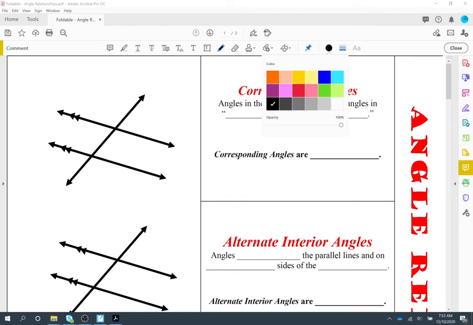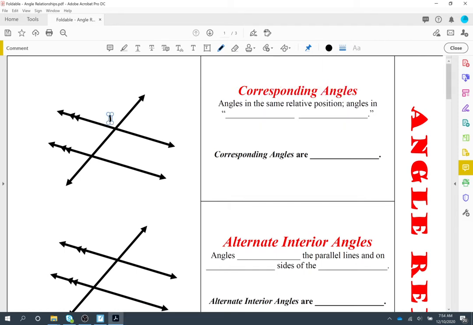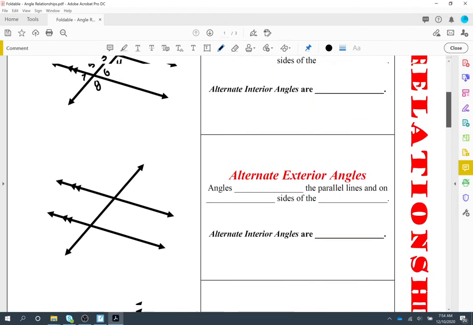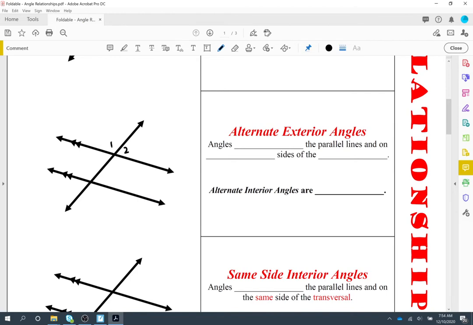Start with a black one or just your regular pencil right now, and we're going to label our angles as 1, 2, 3, 4, 5, 6, 7, 8. In fact, why don't we just do that for all of these? So 1, 2, 3, 4, 5, 6, 7, 8, and you have to do this 4 times. Okay, and then one more time.